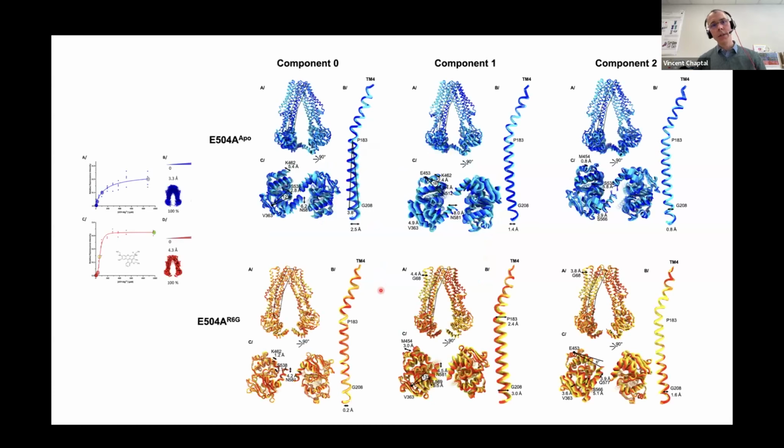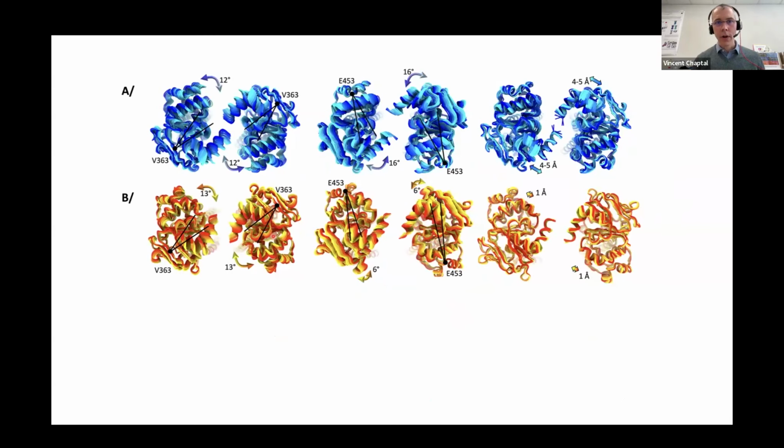So we went on and did this analysis for all the components of those two proteins, without drug and with drug. If I look at the nucleotide binding domains, we have a first movement, a rotation of 12 degrees centered on this beta sheet, and in the presence of drug, we have the same movement going on. We have a second movement where the rotation starts on this helix on the side, and we have a 16-degree rotation on this side, and in the presence of drug, the rotation is decreased by more than half.